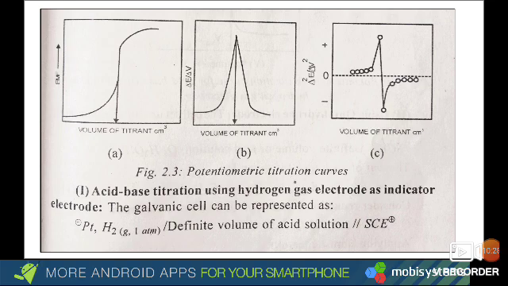And on x axis there will be volume of titrant. In the third case you have the volume of titrant on x axis, and on y axis there will be delta square of E, that is the difference between two successive EMFs squared, divided by delta V square, that is the square of the successive volumes, and you have to find out the quotient of it. So that time you get the C type of graph.